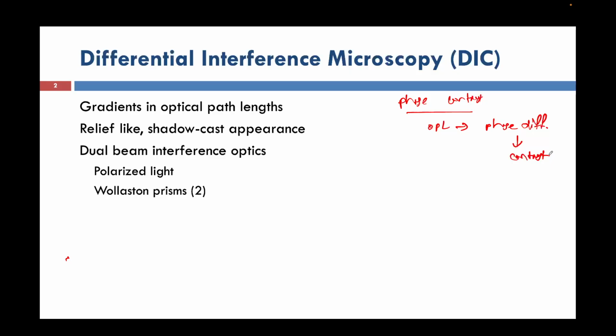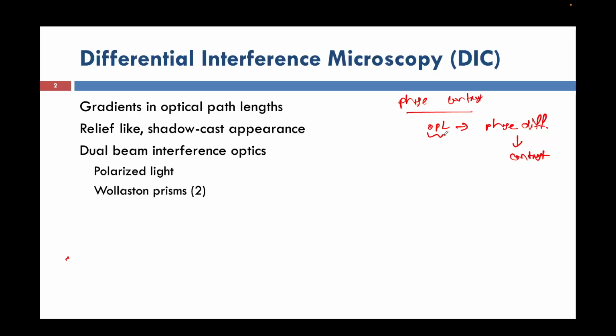But here also we will create an imaging system in such a way that we will be able to see the phase difference in our specimen, but we will not directly interpret the optical path length as our contrast difference. Let's say in our object there is a gradient in the optical path length.